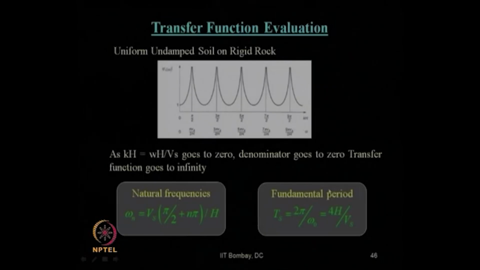Corresponding to that, the T s value, 4h by V s, is the fundamental period of any soil site, with h as the thickness of the soil layer and V s as the shear wave velocity of the soil layer. So, these two parameters you should know to compute the fundamental period of any soil. Now, with this we have come to the end of today's lecture. We will continue further in the next lecture.